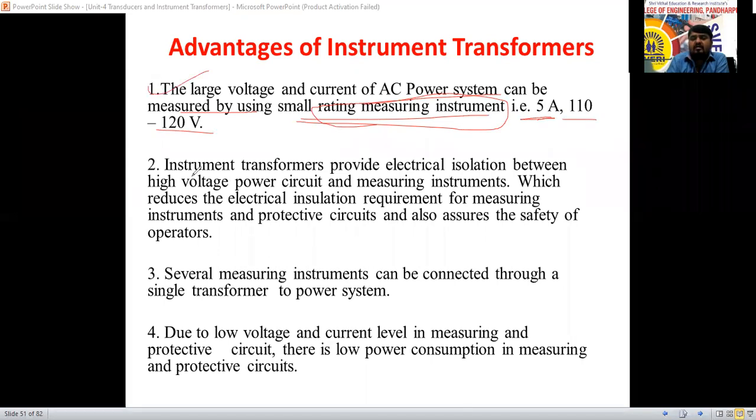The second one: instrument transformers provide electrical isolation between the high voltage power circuit and the measuring instrument. Here the high voltage is there. You may have heard that in some areas there is no exact planning for the electricity.